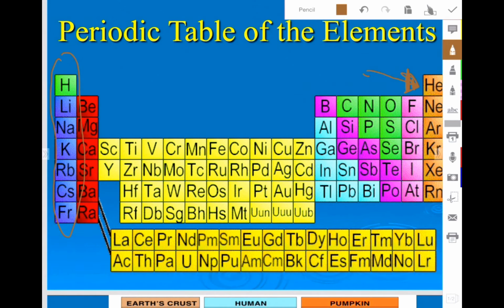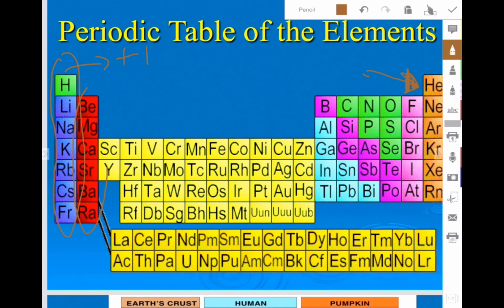Hydrogen can't back up from position 1. So because these want to give up an electron, these guys tend to be positively charged by 1. If you give up 1 electron, then you're +1 because your nucleus has 1 extra proton.